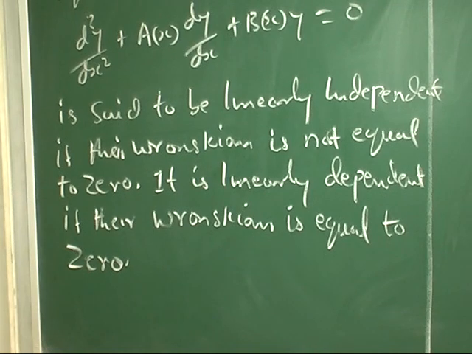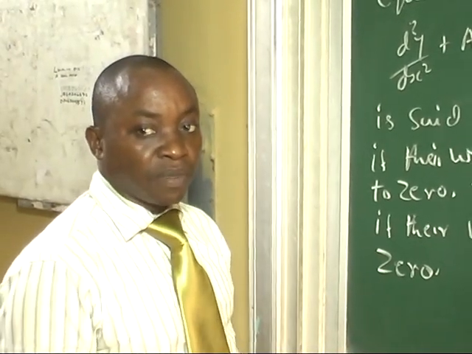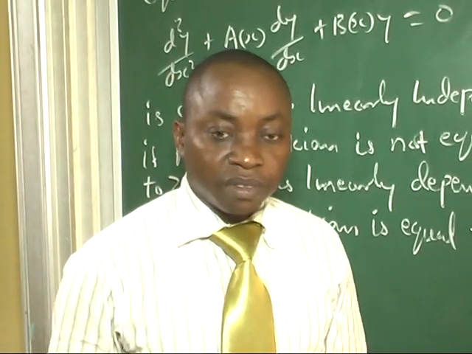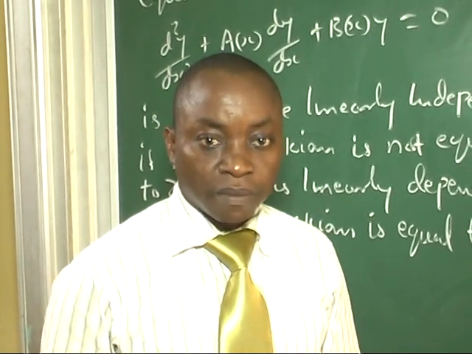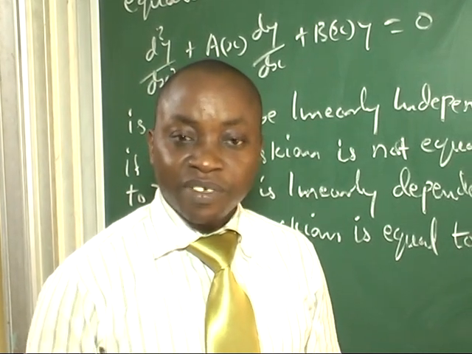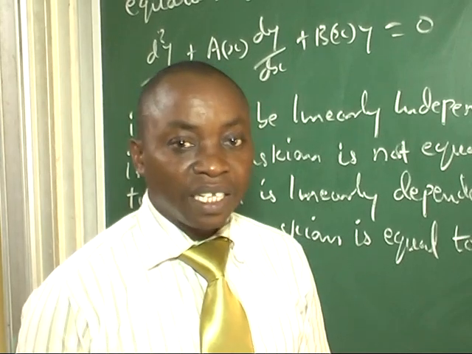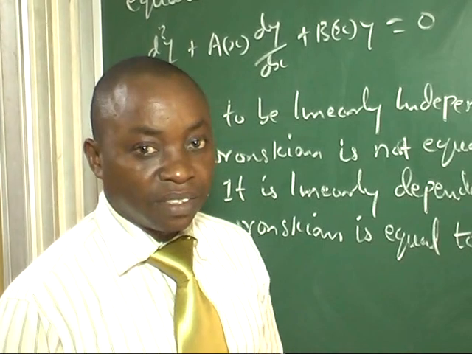So when we take the Wronskian of two solutions of a differential equation, if it is equal to 0, then we say that those two functions are linearly dependent. But if it is not equal to 0, we say that they are not linearly dependent. That means they are linearly independent.